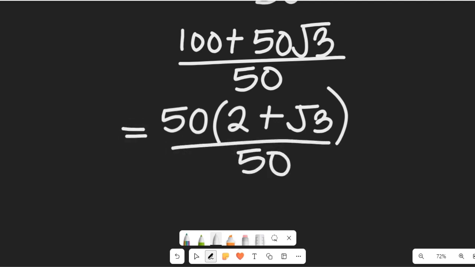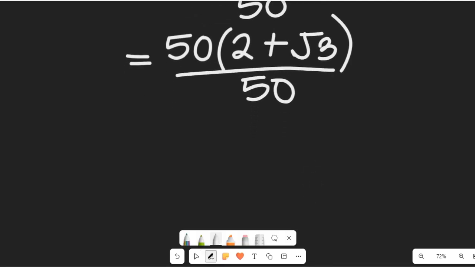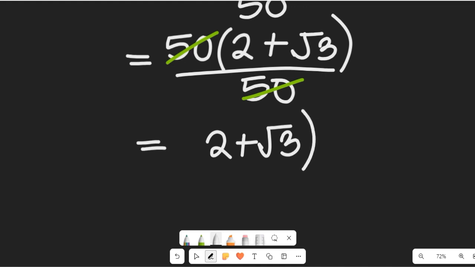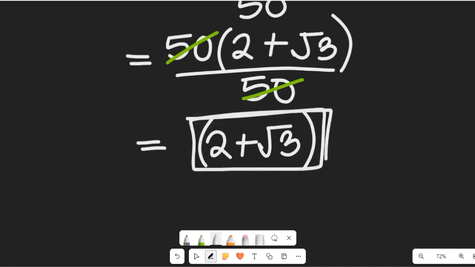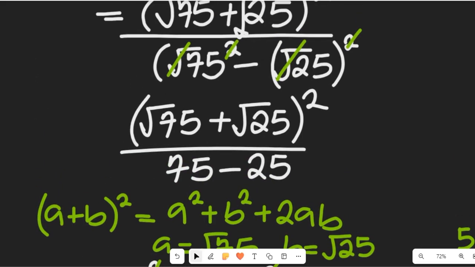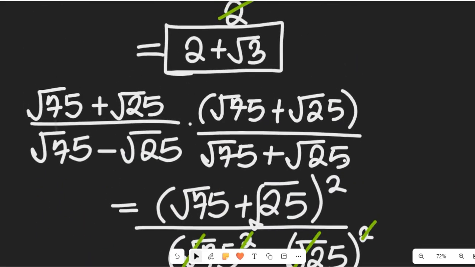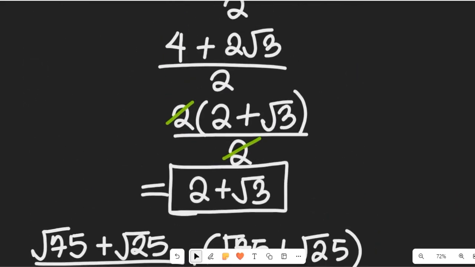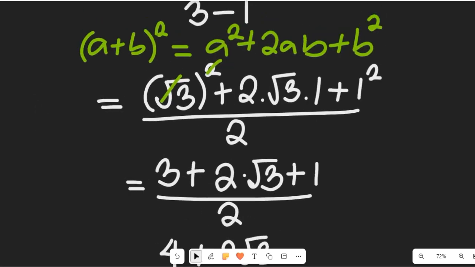So from that expression, 50 is simply going to clear 50, and then we'll be left with 2 plus root 3 as a solution to that expression that is given to us. Now, this is similar to the initial solution we got for this mathematical expression. So you see, whichever method you feel like using will get you the same solution.